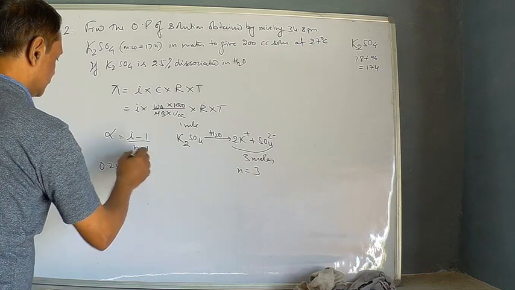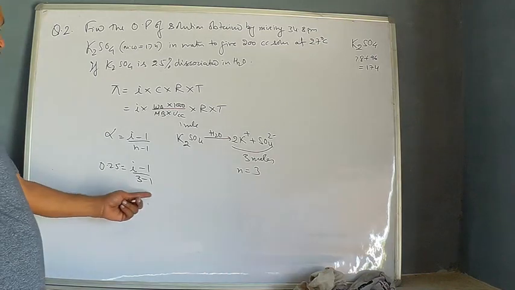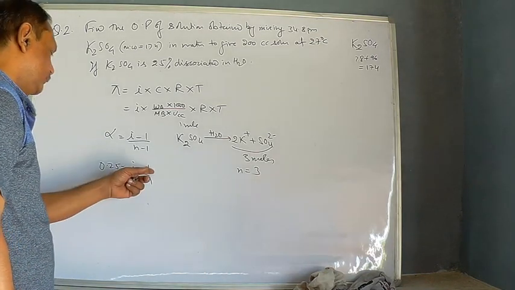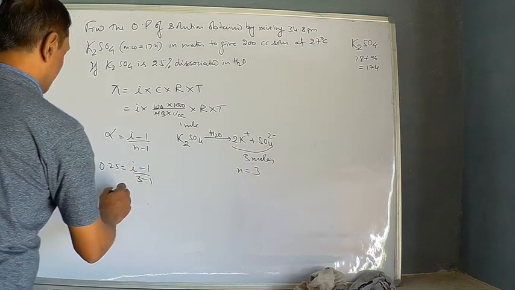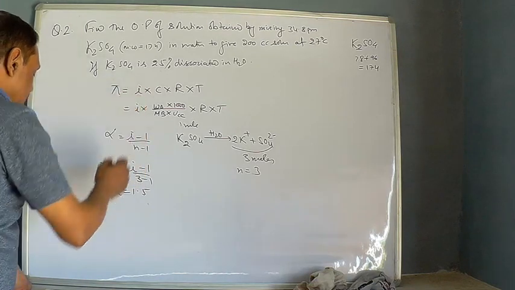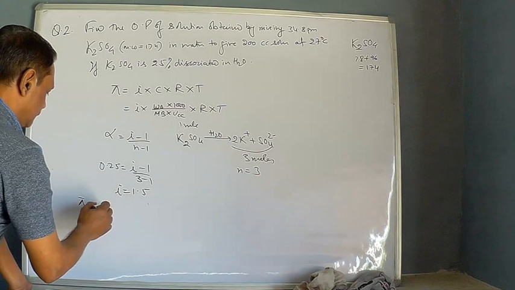i minus 1, n value 3, 3 minus 1. So 3 minus 1 gives you 2. 2 multiplied by 0.25 gives you 0.5. And if I add 1 here, I get i value 1.5. So in the next step, we are going to use this formula. So pi, i is 1.5 here.